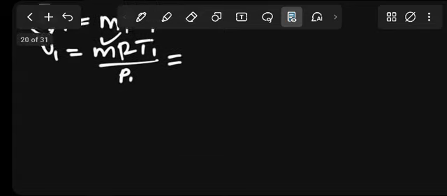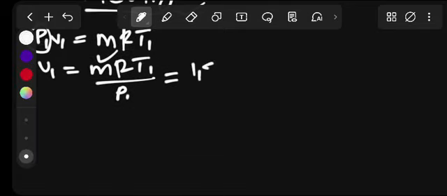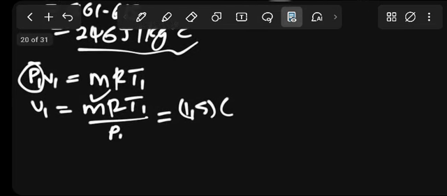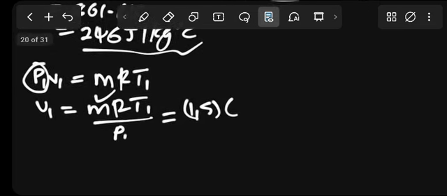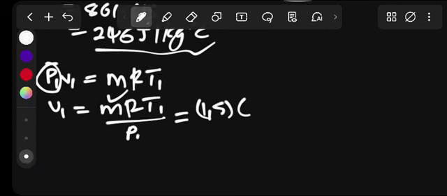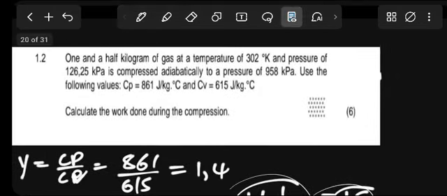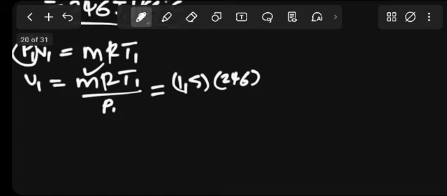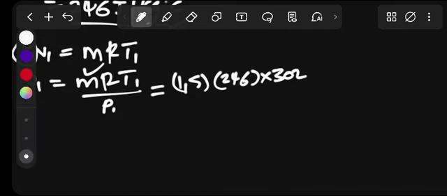That is the mass. R we have just calculated, which is 246. T1, temperature 1, we have been given there in kelvins: 302 kelvins. We multiply by 302 Kelvin and divide this by pressure 1.